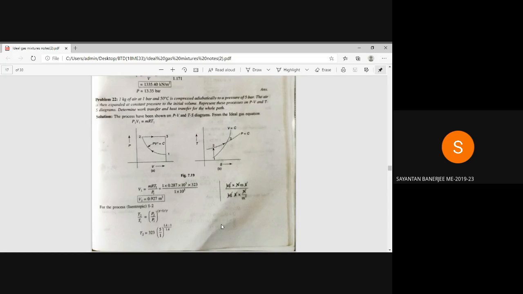Sir, we use the CP value. Correct. CP into? M CP dT. Anyway, we know the temperature. Exactly right. M CP into delta T, that is M CP into T3 minus T2.